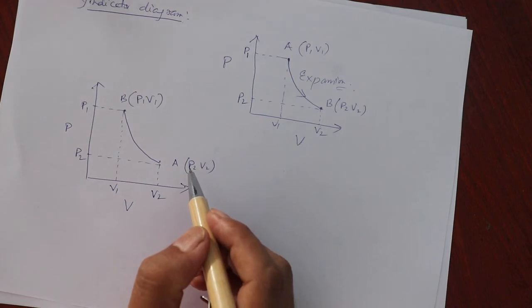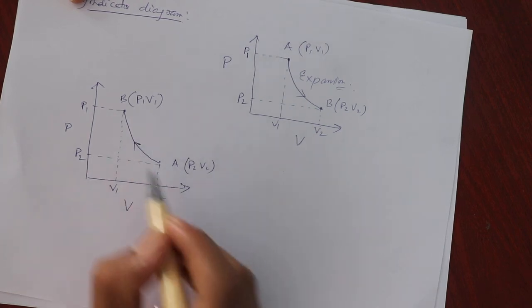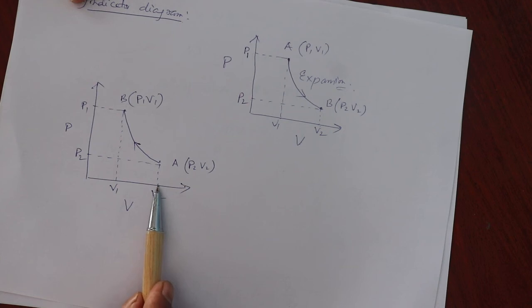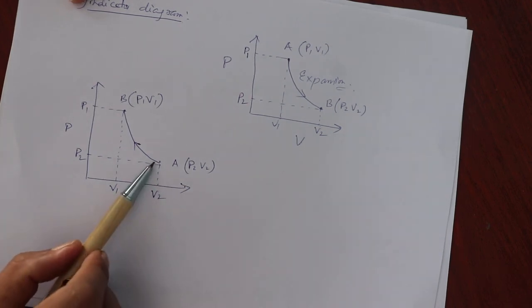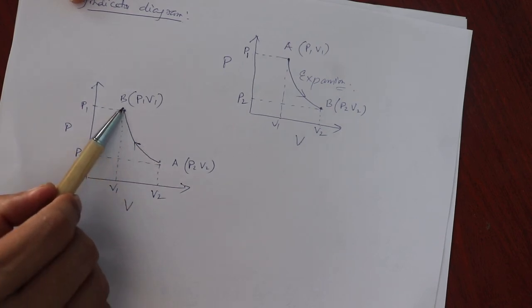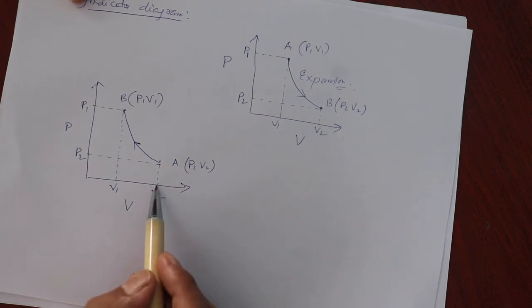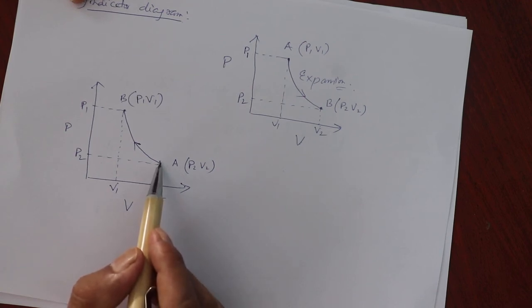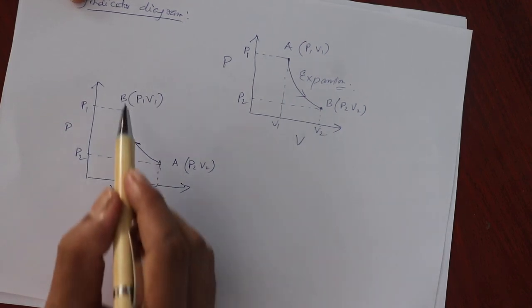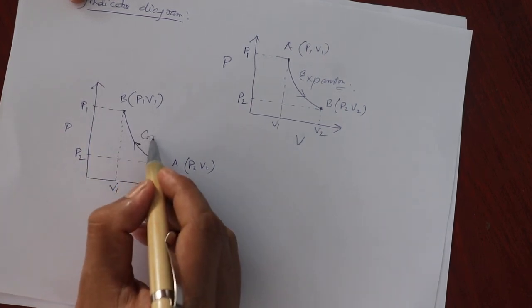Say during compression of the gas, if you move from A to B, volume is decreasing from V2 to V1, but pressure is rising from P2 to P1. Just choose these 2 points. At A, volume is very large, pressure is low. At B, pressure is high, volume is low. So it means there is compression.